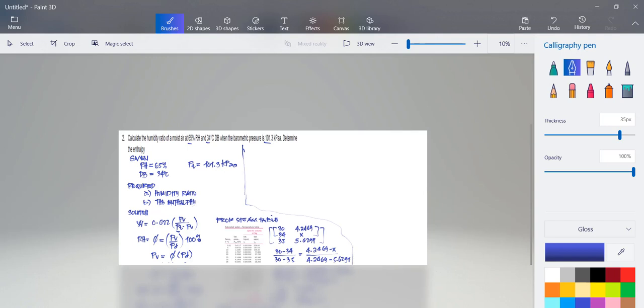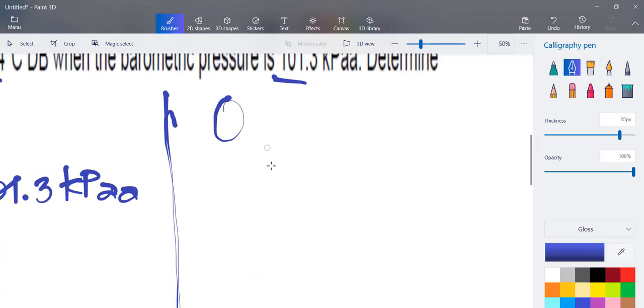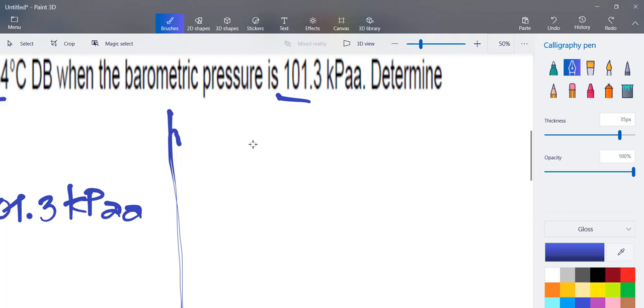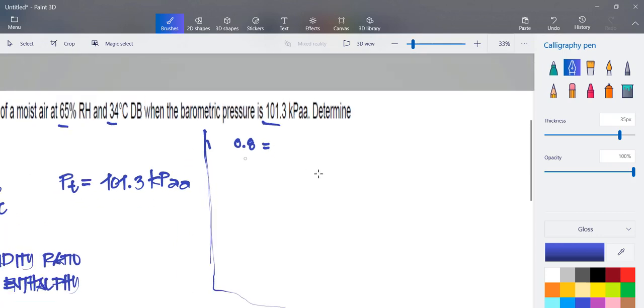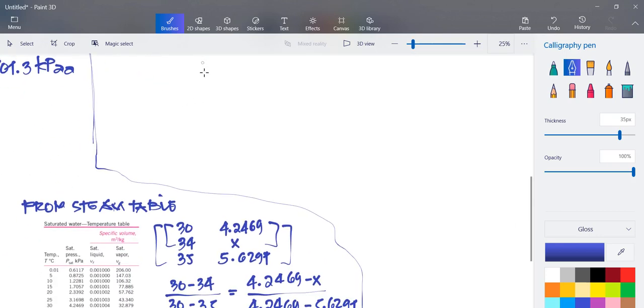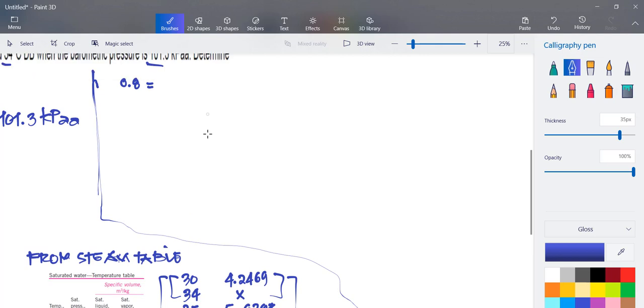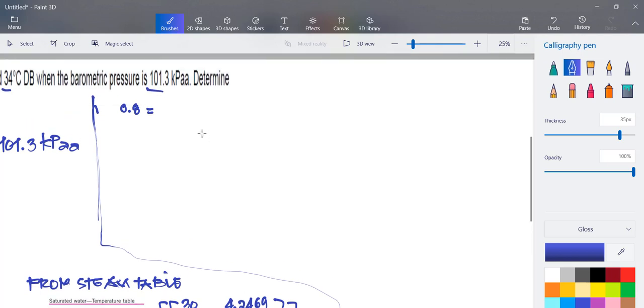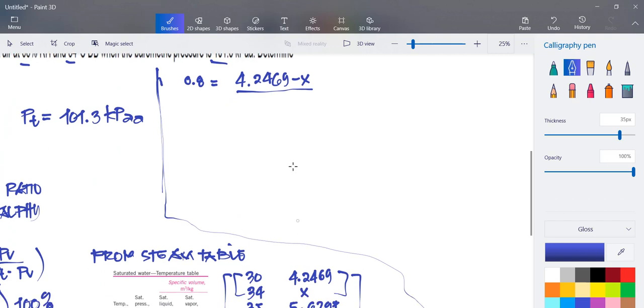So this will become 0.8, is equal to 4.2469 minus the x divided by the value sa baba.